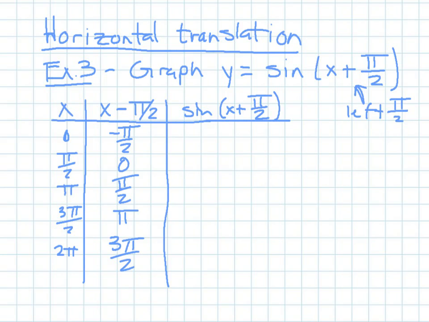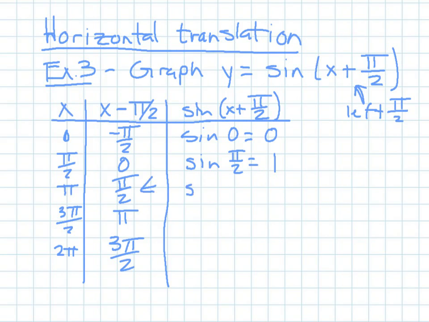I get sine of negative pi over 2 plus pi over 2, which is sine of 0. That gives me 0 for that value. When I plug in 0, 0 plus pi over 2 gets me back to pi over 2, so that gives me my 1. Sorry, I'm looking at the wrong one.